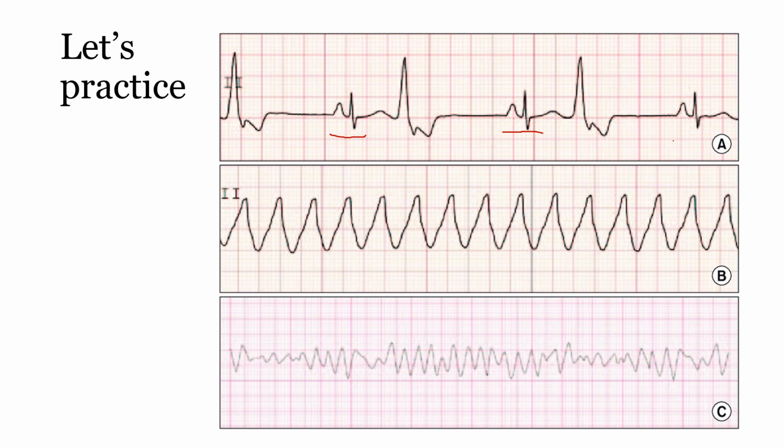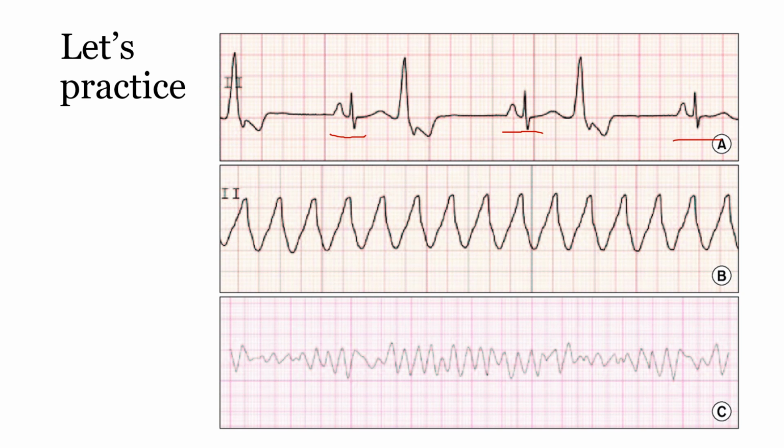And I say that in that I think that if we looked, they are an equal distance apart, that if we were to count the rate, we may be 60 to 100. 1, 2, 3, 4, 5, 6, so 60. These are our complexes that have a P wave. We could measure a PR interval. We could see we have a narrow QRS. So what are these things?